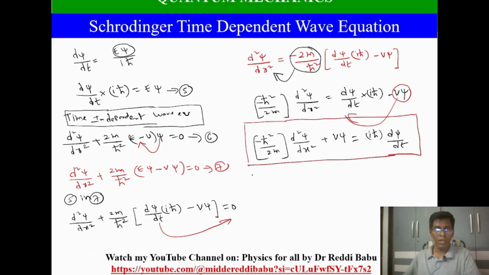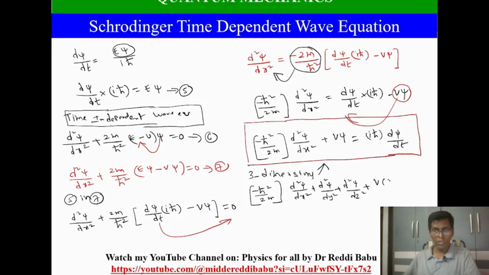Now the same particle moving in 3 dimensions. If the same particle is moving in 3 dimensions, this equation can be written in the form of minus h cut square by 2m into, in the place of d square psi divided by dx square, I am also writing d square psi divided by dy square plus d square psi divided by dz square, plus V into psi of x, y, z, t.